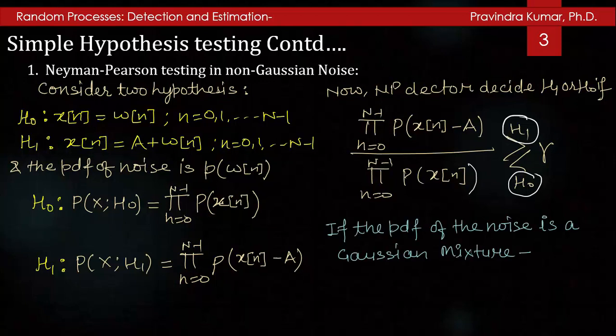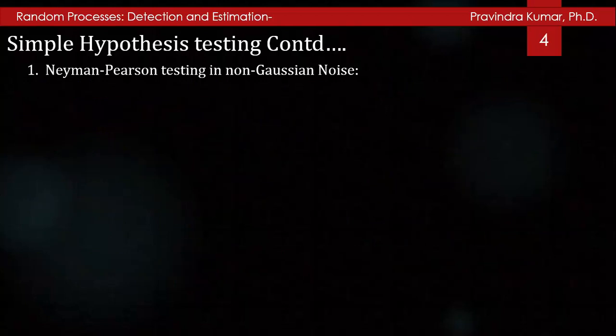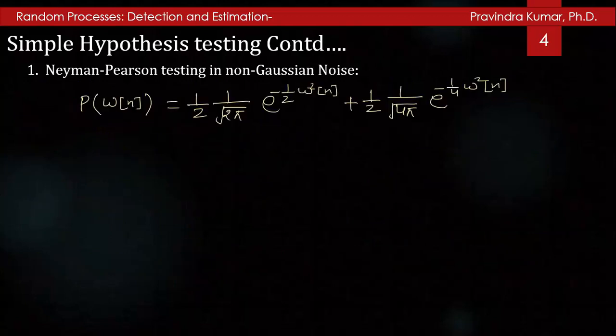If the PDF of the noise is a Gaussian mixture, then the PDF of the noise will be 1/2 times 1/√(2π) e^(-ω²[n]/2) plus 1/2 times 1/√(4π) e^(-ω²[n]/4).